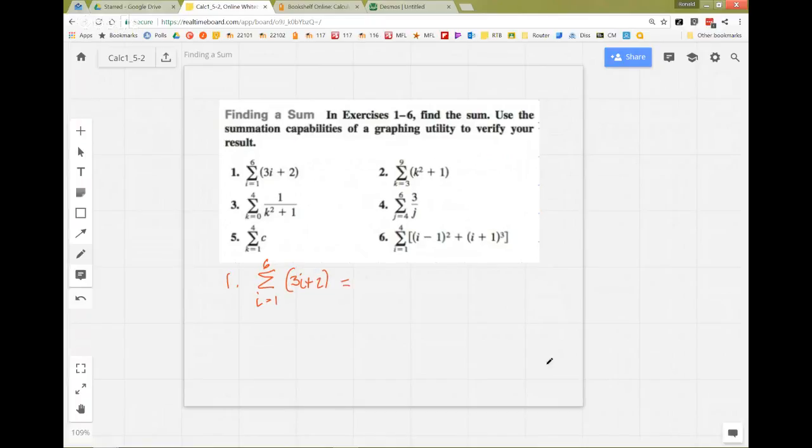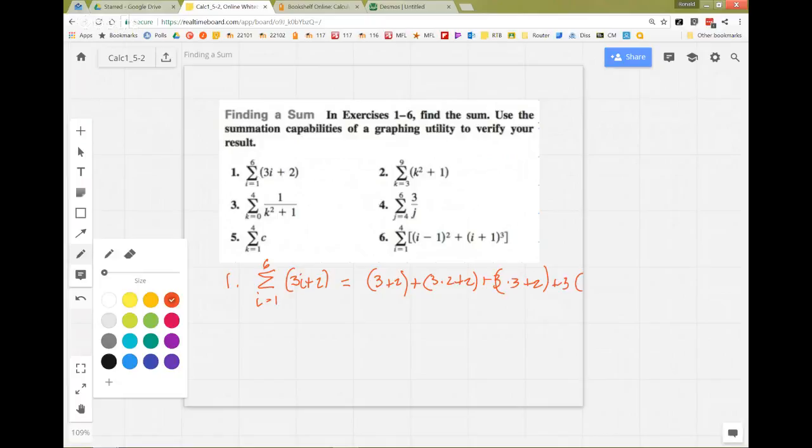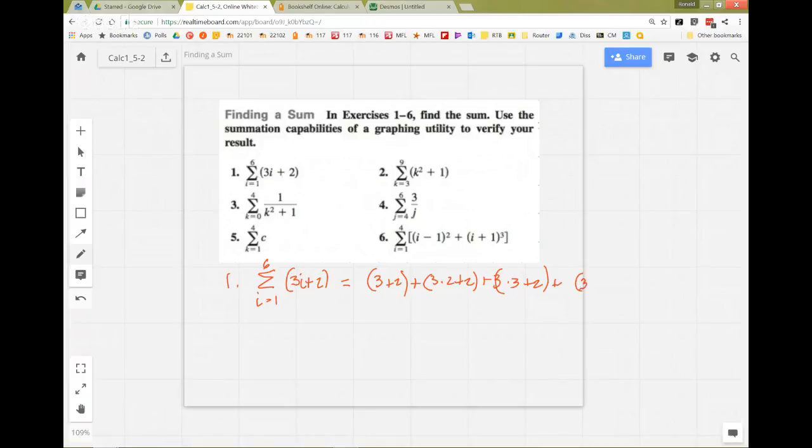So what does that mean? It means add 3 times 1 plus 2, to 3 times 2 plus 2, to 3 times 3 plus 2, to 3 times 4 plus 2, to 3 times 5 plus 2, to 3 times 6 plus 2.